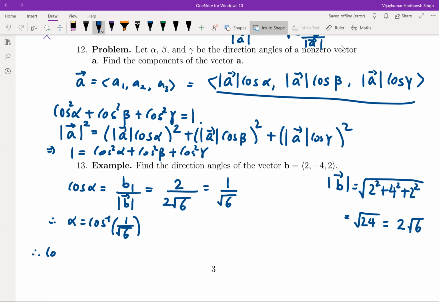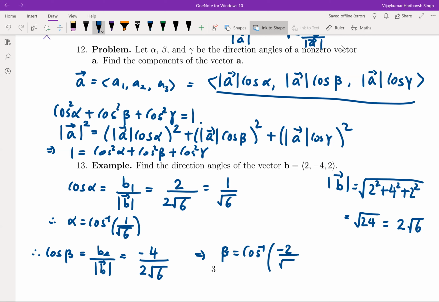Similarly, cos beta is going to be B2 upon length of B, which is going to be minus 4 upon 2 times square root of 6. This implies beta equals cos inverse of minus 2 by square root of 6.